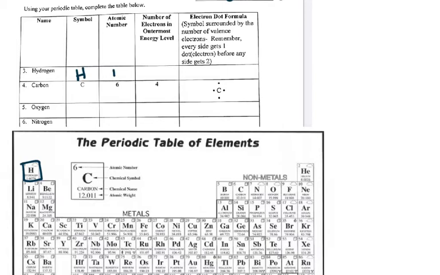The number of electrons: everybody in group 1 has 1, group 2 has 2, group 13, 3, 4, 5, 6, 7, and then neon and down is 8, and then helium right here is 2. These guys all here, we consider that they have 2 as well.